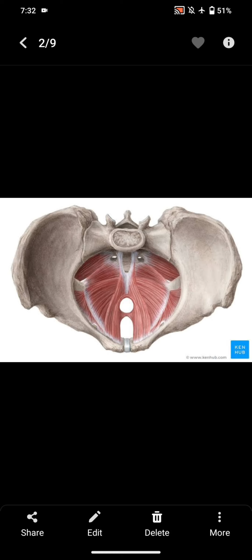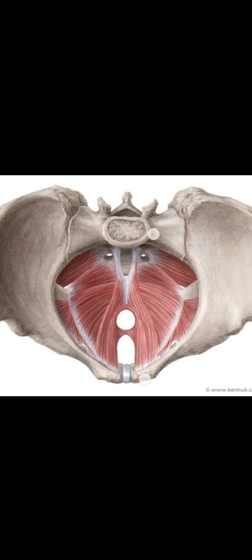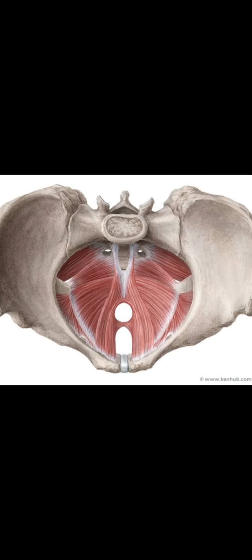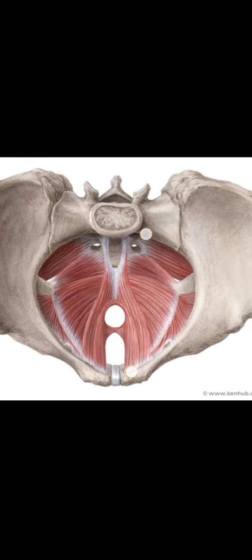Okay, first one is the pelvic floor. It is a muscular partition between the abdominal cavity and the pelvic cavity.